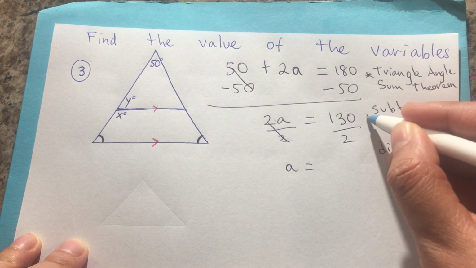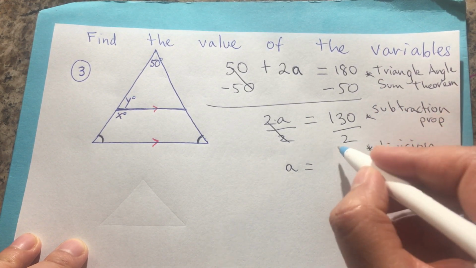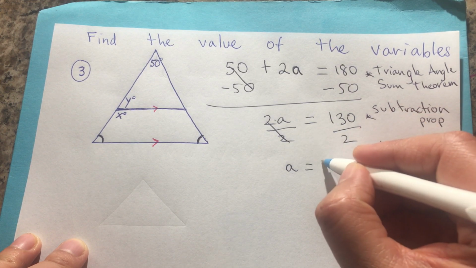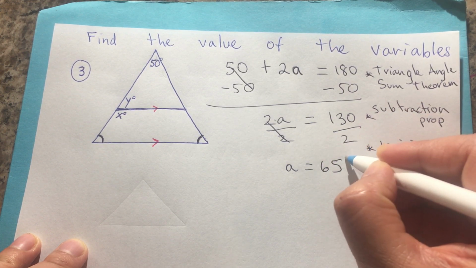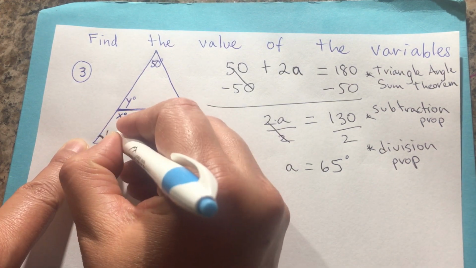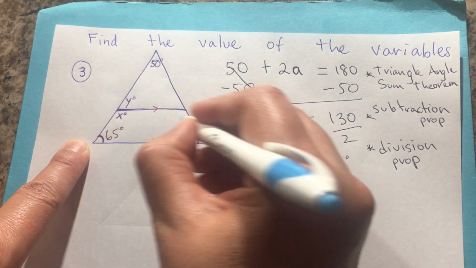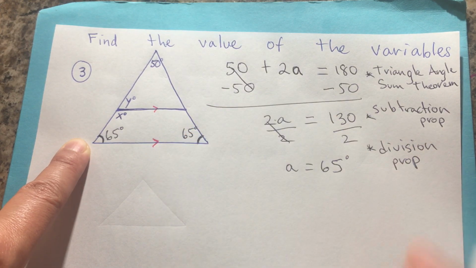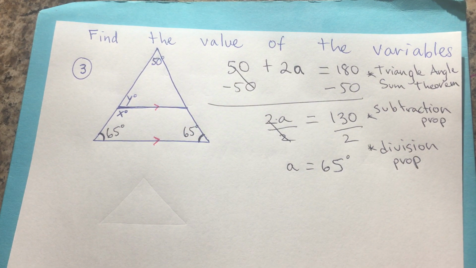Okay, and we get 65. What does that mean? It means that now I have these measurements right here. Okay, and those are going to help us figure out the measurements of the other angles.